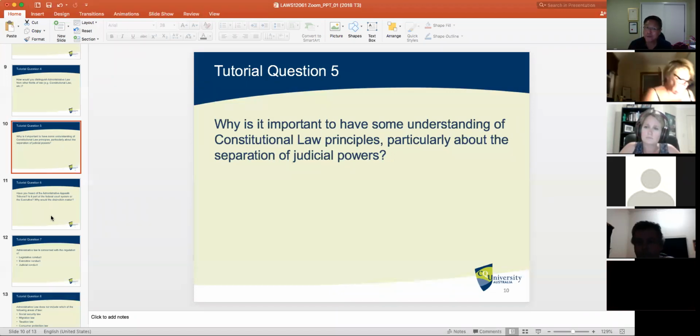And the answer is no, because if you were to implead your ex-partner and ask your ex-partner to appear before the AAT, there would be an actual controversy between two individuals, and that would be a violation of the separation of powers at the Commonwealth level. So if you go to the AAT, you're actually asking the AAT to review a decision of the child support agency. So there is no actual controversy there.